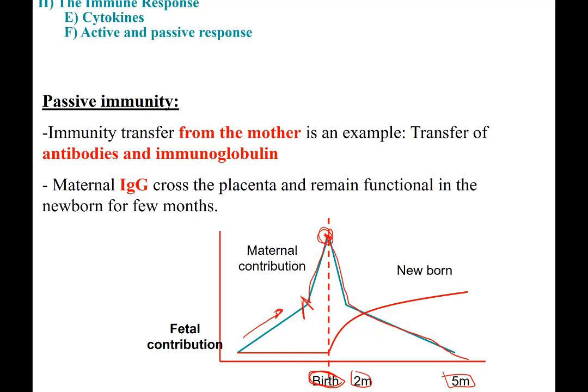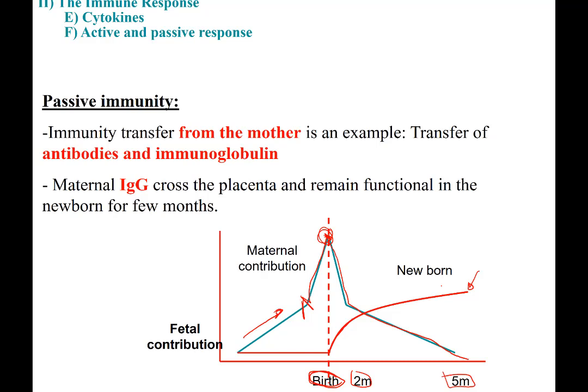You see, the baby needs some time. If you look at this curve here, the baby needs some time to have his own immunity built up. It takes around 6 months to a year, usually 6 months, for a baby to be able to build up his own immunity and his own immunoglobulins. That's why we usually advise mothers to breastfeed for at least 6 months, to give the baby time to produce his own immunoglobulins. So you get the idea.